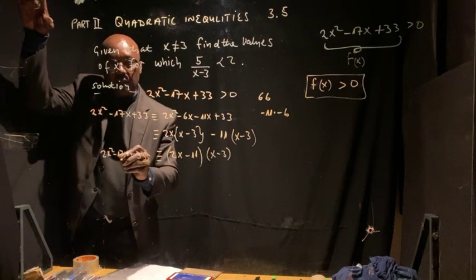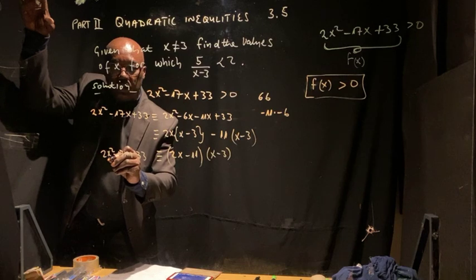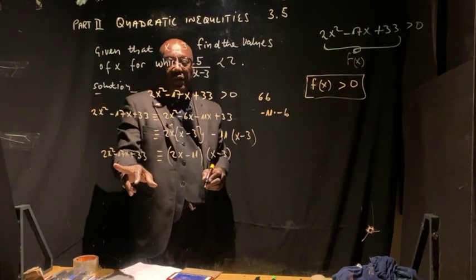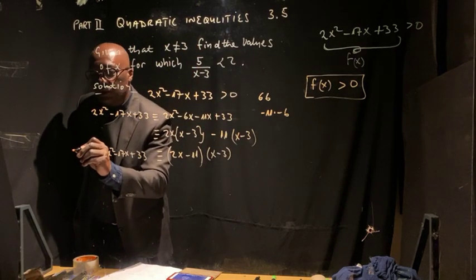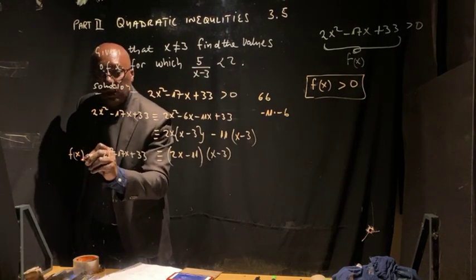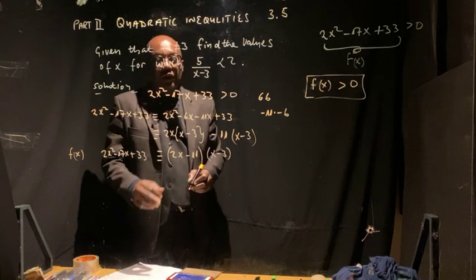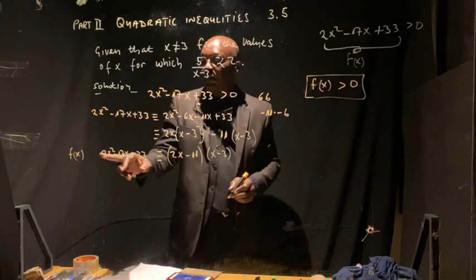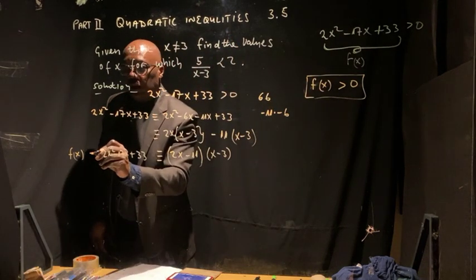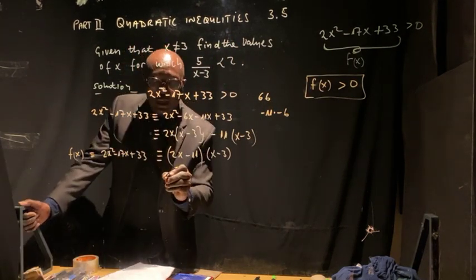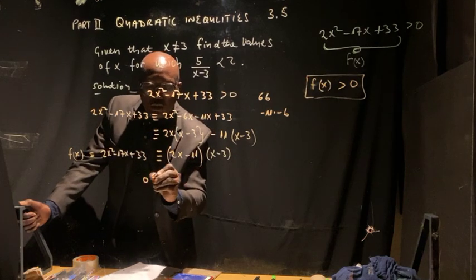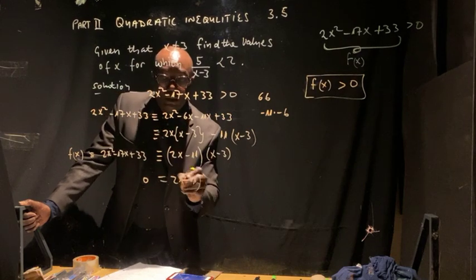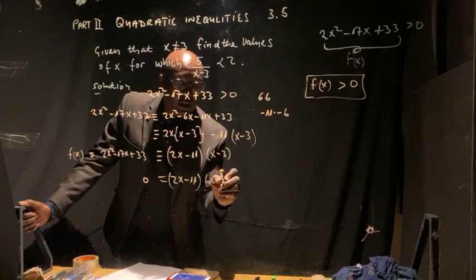Very good. But this one is equal to f of x. So, for the factors, assuming on the x-axis, f of x will be equal to 0. In that case, we have 0 equals 2x minus 11 times x minus 3.